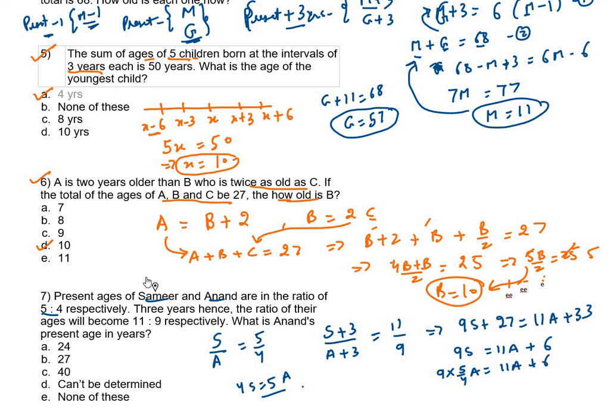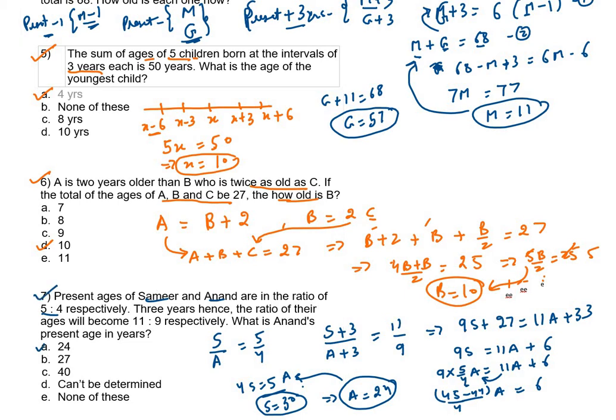If we take 11A to the other side, it will become 45 by 4, and when 11 goes to the other side and we multiply with 4, it will be minus 44. Minus 44A equal to 6. On simplification we get A equal to 24, and S will be what? If we put 24 over here, we'll get S equal to 30. So Anand's present age is 24. So we are done with 7 problems.